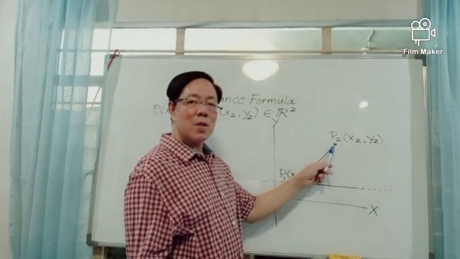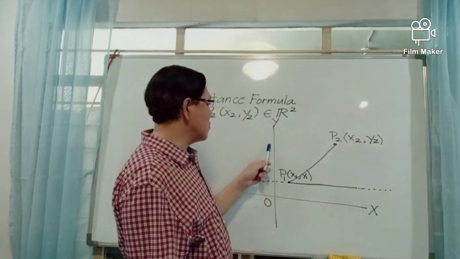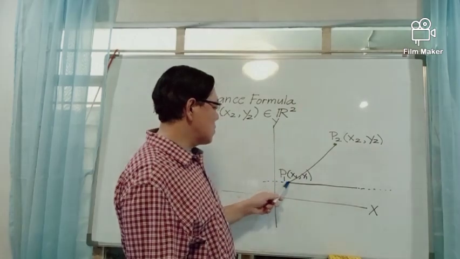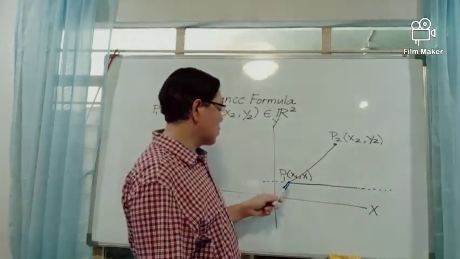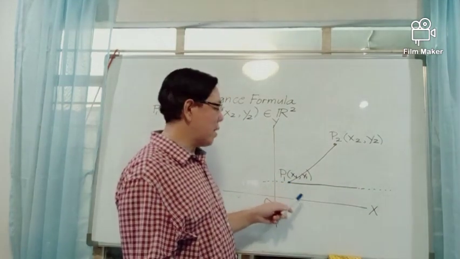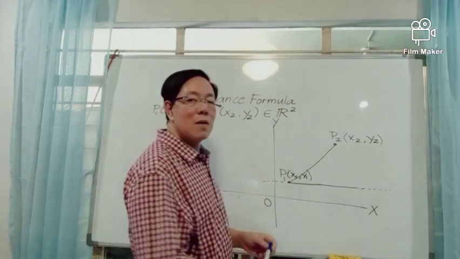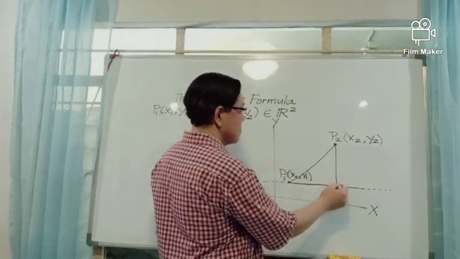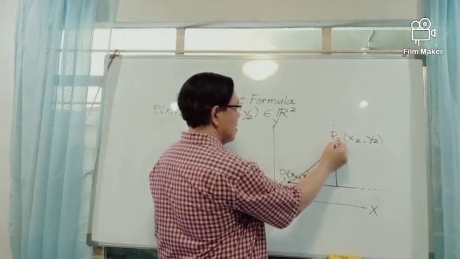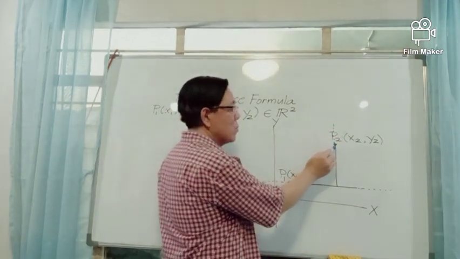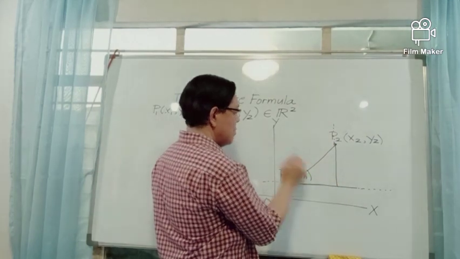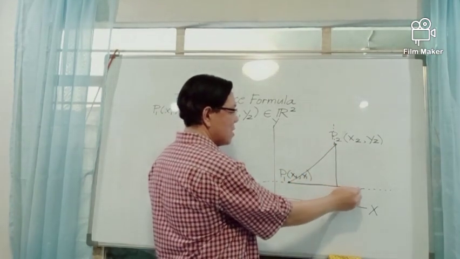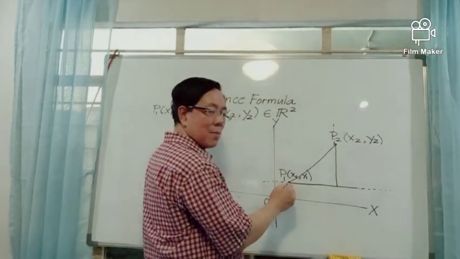Construct a line through the point P2 parallel with the y-axis and perpendicular to this line through the point P1 and parallel with the x-axis. We do that. Construct a line passing through the point P2 parallel with the y-axis and perpendicular with this line through the point P1.